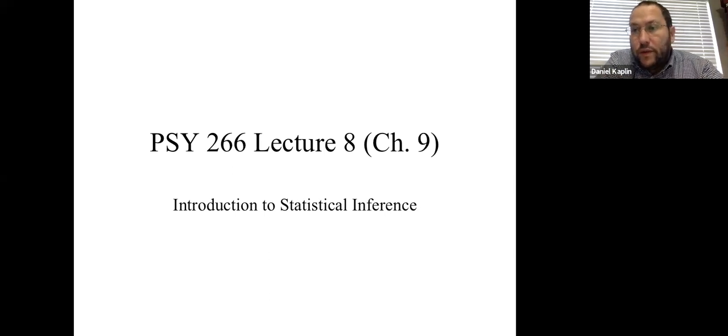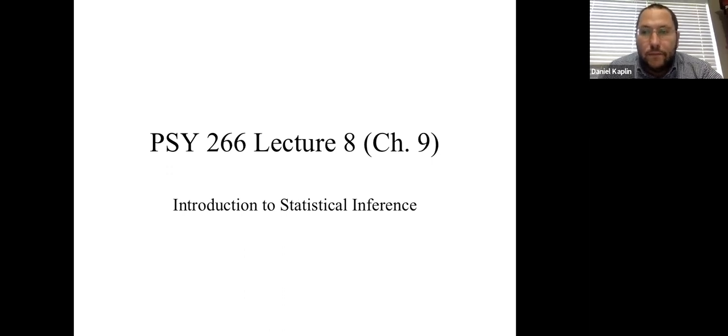So we'll start with that. And then in terms of calculations, I'm going to talk to you about how to calculate the standard error of the mean, and how to calculate a z-score for a sample. Those are the two formulas that are relevant. So here we go.